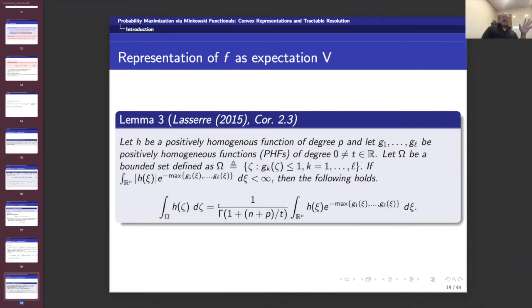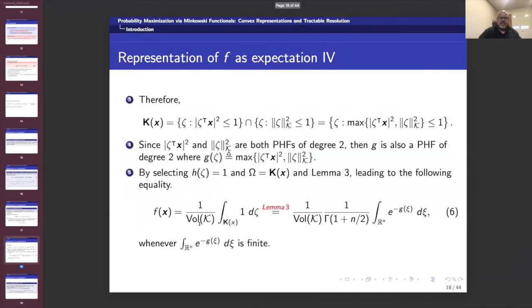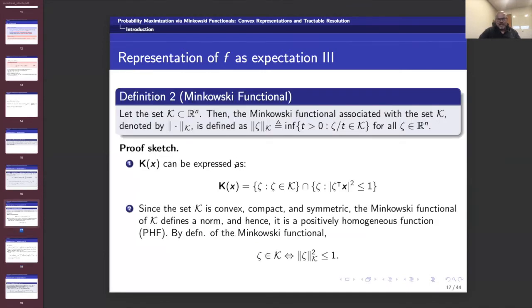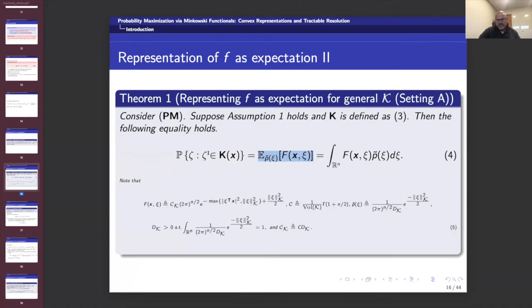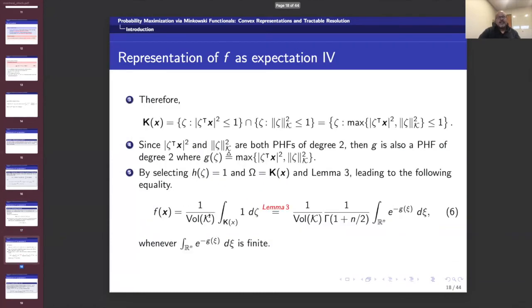And so this is a fair amount of technical detail, but what you want to take from this is something quite simple. On the left, you've taken this K of X, and you can write this expectation. So the original probability event is this one. You can write it as the indicator function over K of X. And because zeta is uniformly distributed over this set K script, you have to divide by the volume of K script, right?